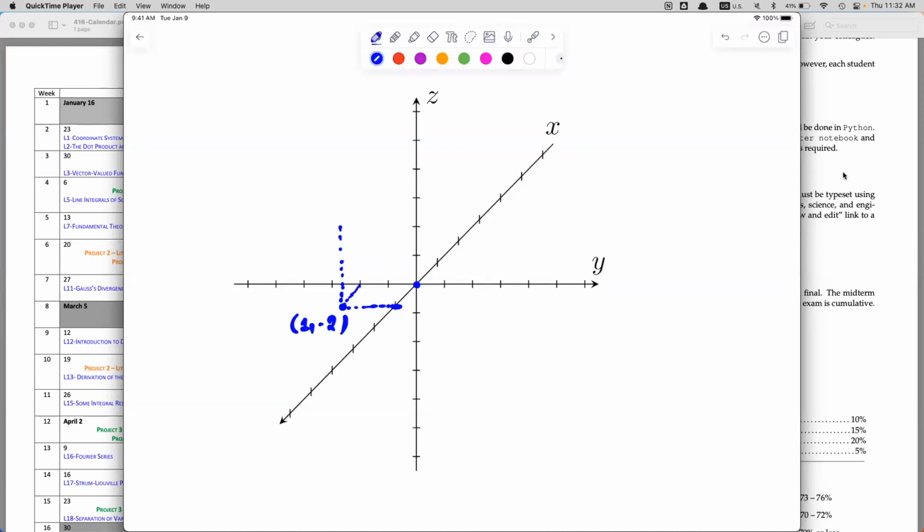So in a way, it looks like this. So this is the point that we're looking for, 1, negative 2, comma 3. You okay with that? Does that make sense?